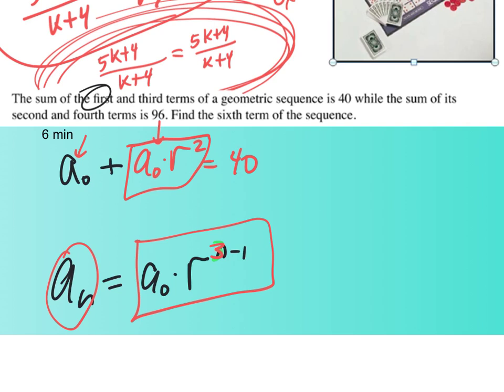The second and the fourth terms is 96. Here's the second term. Well, that's like this, except I'm putting in a 2. It's the second term, a sub 2. Well, that would be a sub 0 times r to the 2 minus 1.